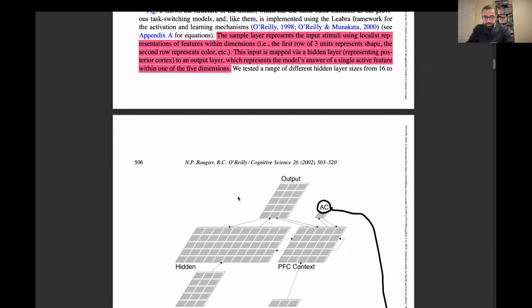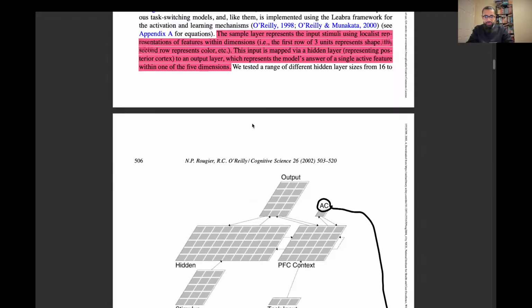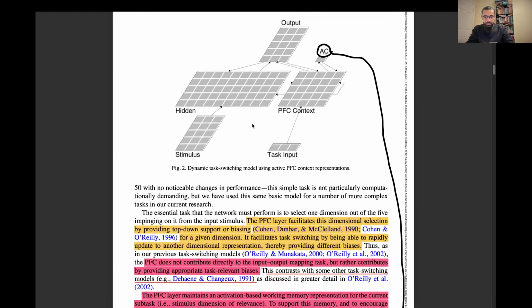Okay, the prefrontal cortex layer facilitates this dimension selection by providing top-down support or biasing.